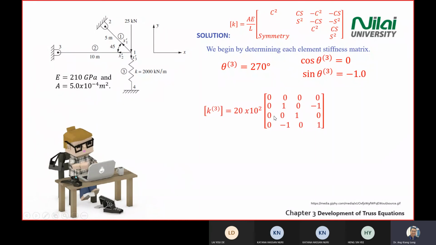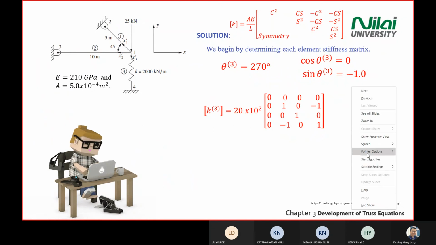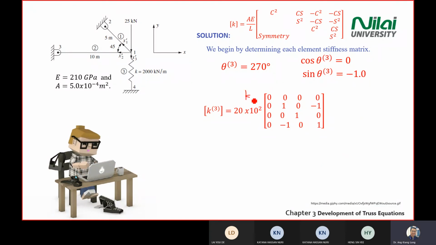Then you do the same, but this time you will have your K instead. Yeah. So this is your Hooke's law, F equal to Kx. Yeah. So this is your K given.